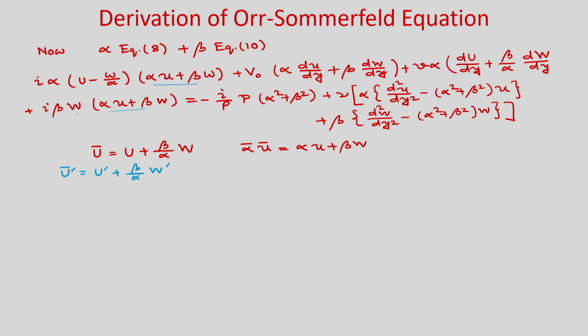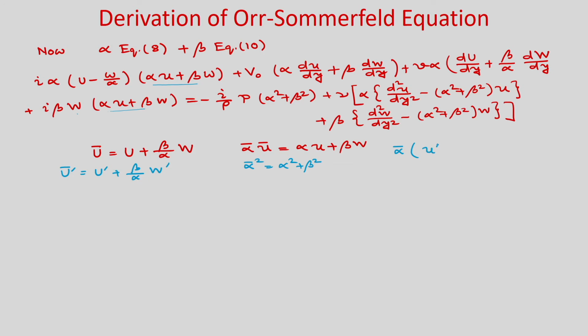Here we have del 2 u by del y square minus alpha square plus beta square times u, and we write alpha square plus beta square as alpha bar square.